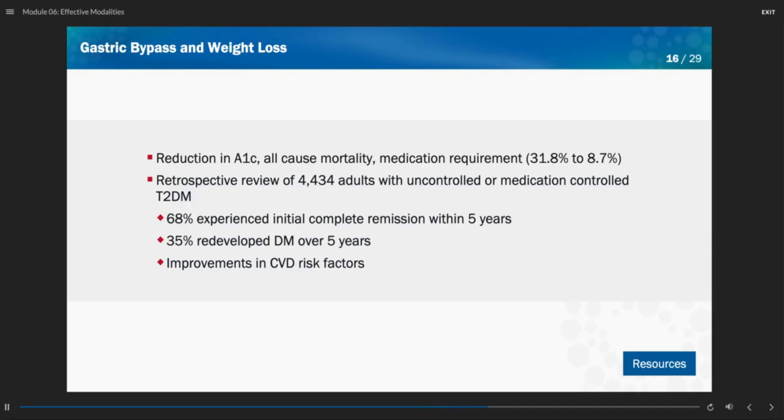They also found some improvements in cardiovascular risk factors. And so there is benefit in gastric bypass. However, the redevelopment, the recidivism rates are also a challenge, as we'll see in further studies.